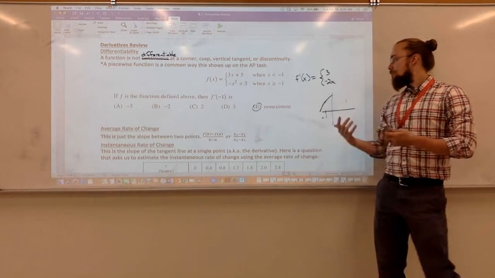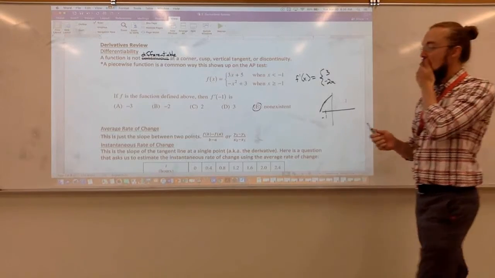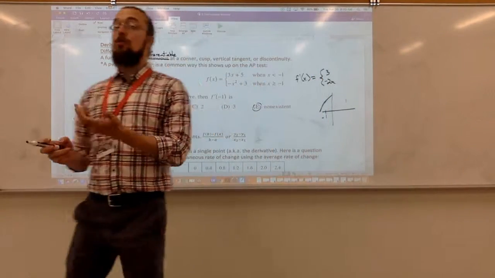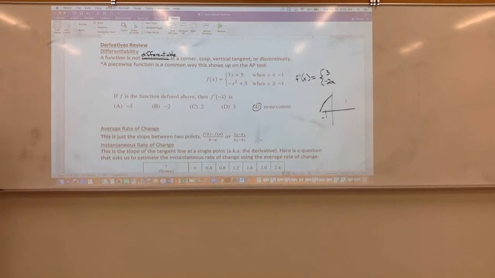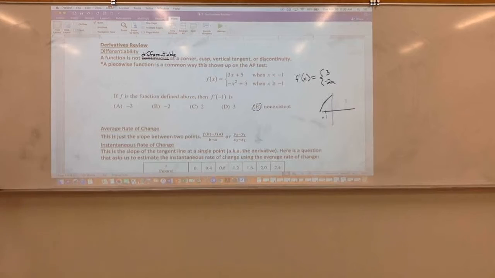Something like this is probably the most common way that differentiability would show up on the AP test. And that can certainly also show up on graphs. We looked at a lot of examples where we had to say, since we had a corner here and here, the function isn't differentiable.